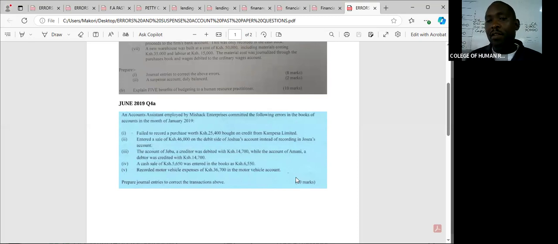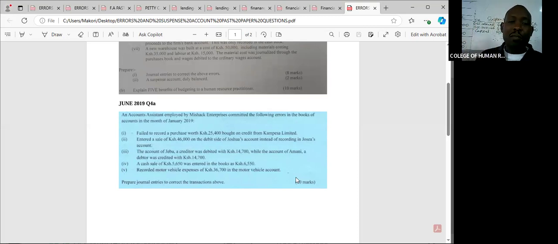A debtor is an asset, should be debited. So they did the opposite. And there, you always need to remember, when the entry is in the correct account, but on the wrong side, take it to the correct side, but remember to double the amount.